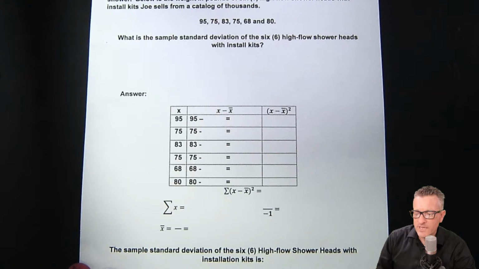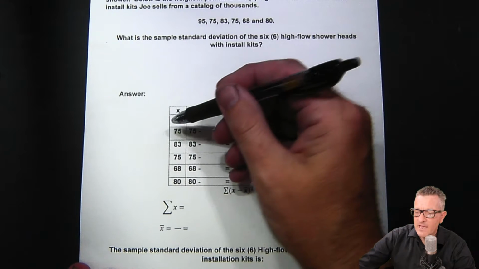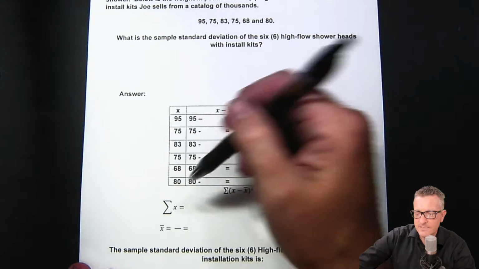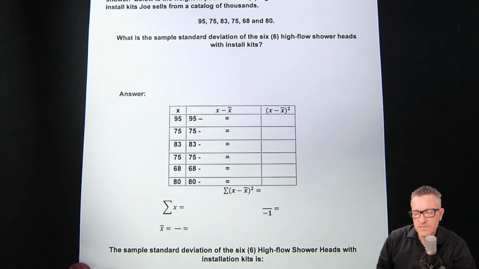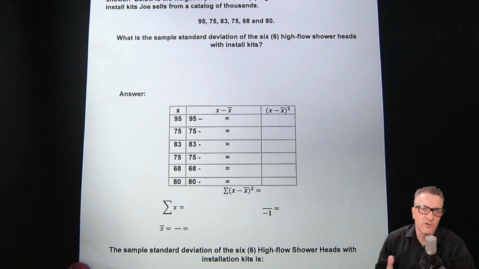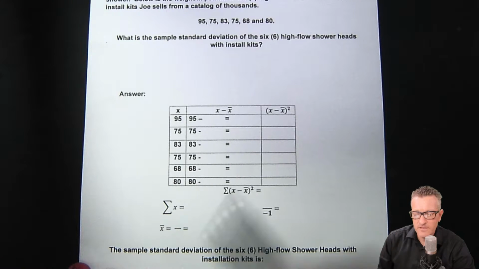So one of the things that we have to do right off the bat is get the sample mean, because when we talk about standard deviation, it has a lot to do with the deviation away from the mean of what you're working with. Now this is a sample, so we're going to use the sample formula.